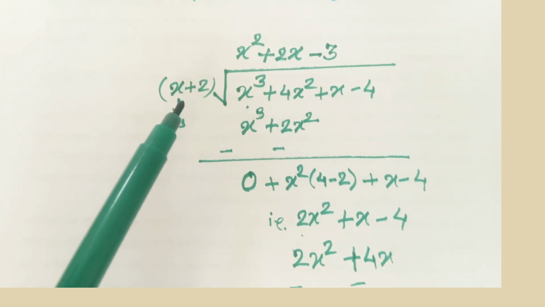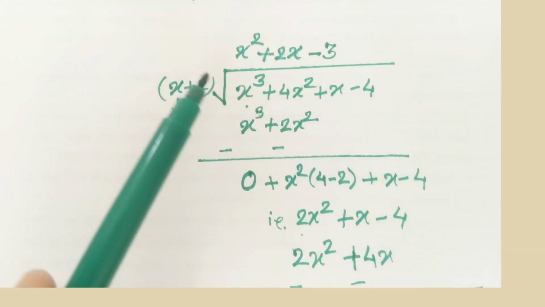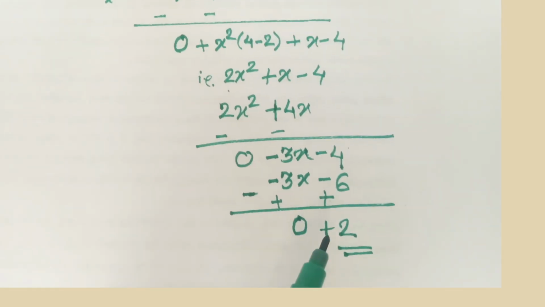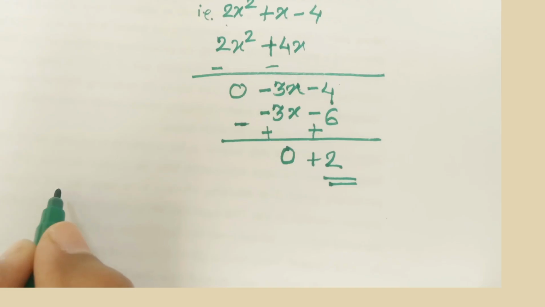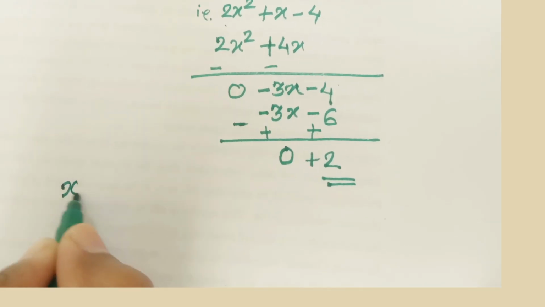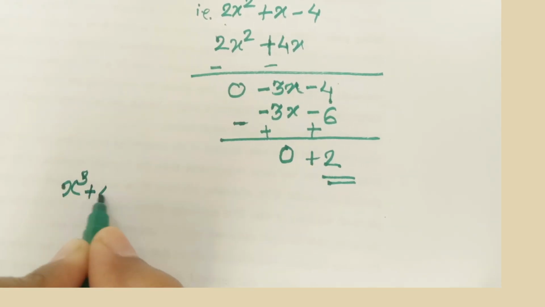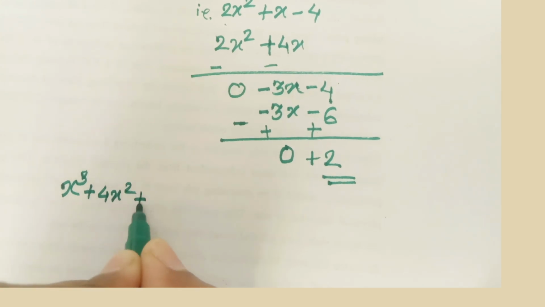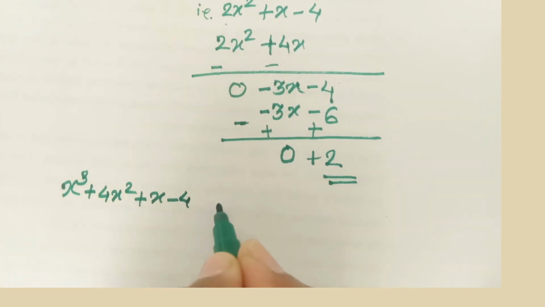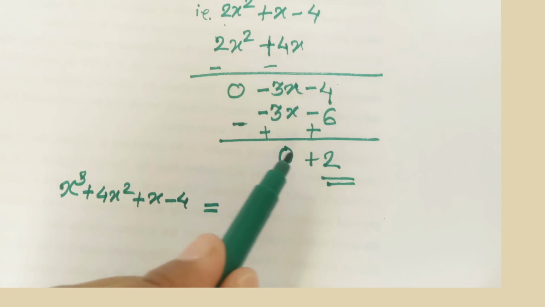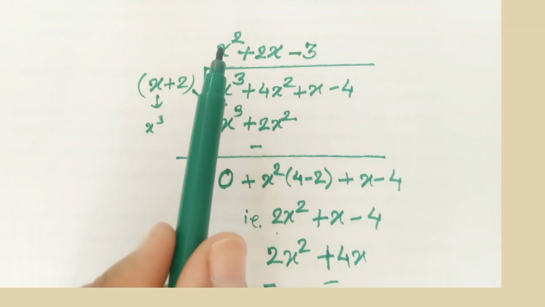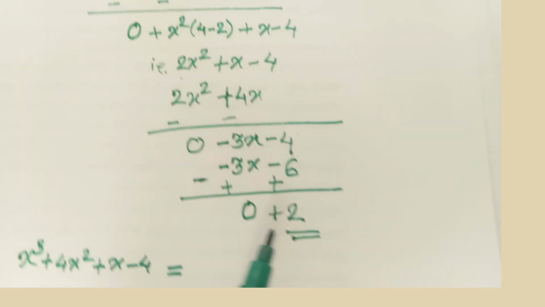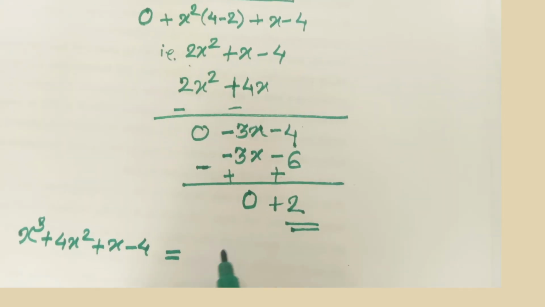Here our divisor is x plus 2, which multiplies the quotient, and plus remainder is 2.